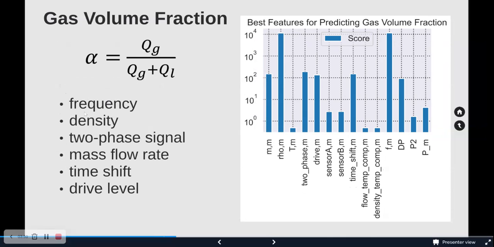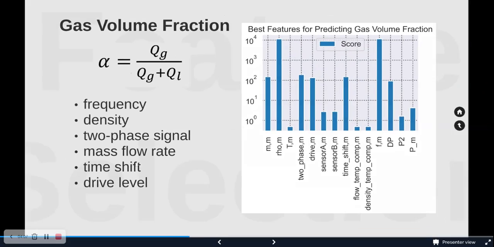Again, unsurprisingly, the density and the frequency, which is what the Coriolis meter uses to calculate the fluid density, are highly correlated to the gas volume fraction. This is certainly what I would have expected, but I also included the other 4 top performing features.